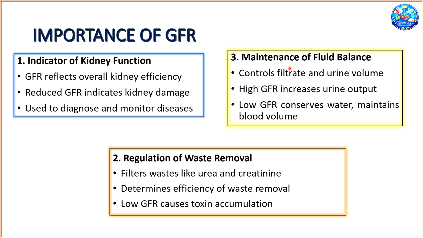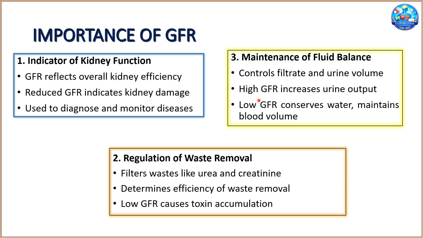Third one is maintenance of fluid balance. Glomerular filtration rate plays a key role in maintaining body fluid balance. This is done by controlling the volume of filtrate formed. The kidney can regulate the amount of water that is excreted through the urine, so that is the urine volume.